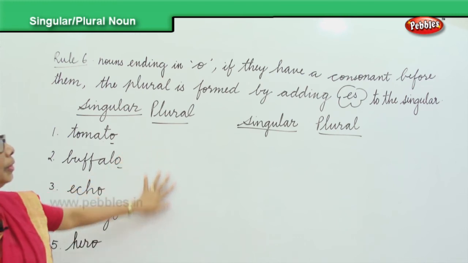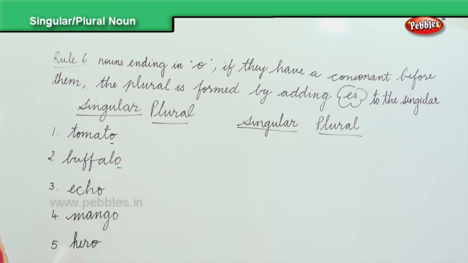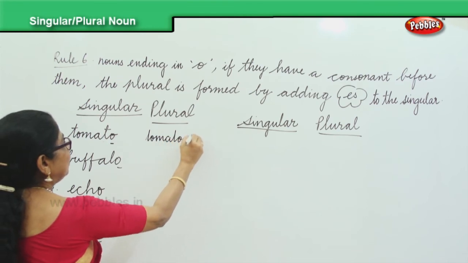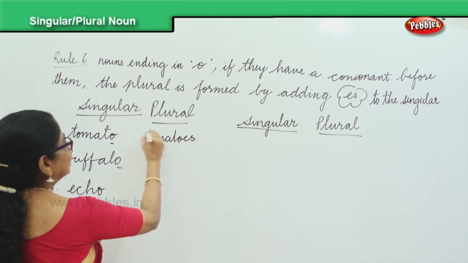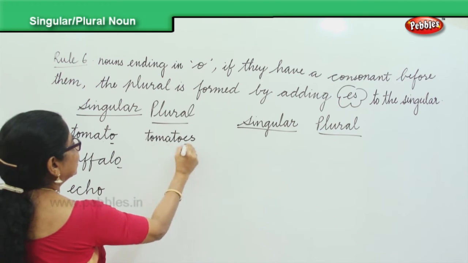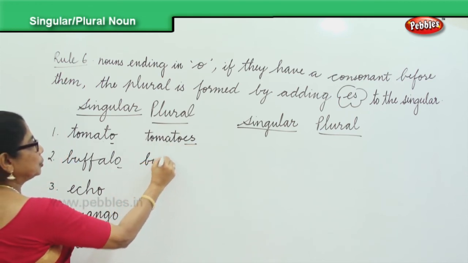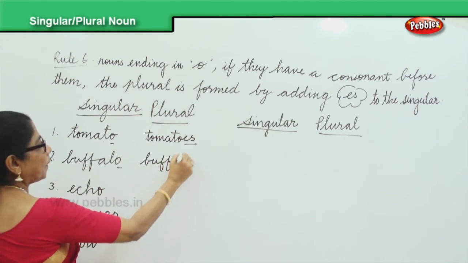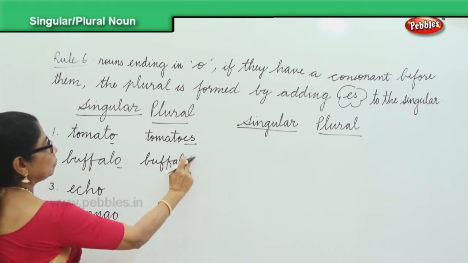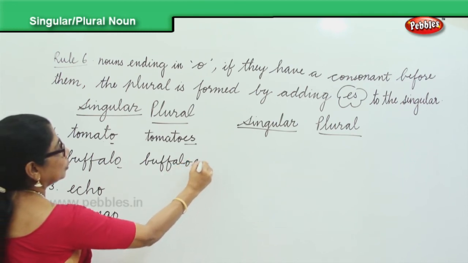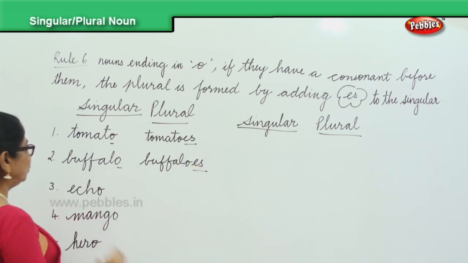Therefore, you form the plural by adding es to the singular. Now, tomatoes. You simply add es to form the plural. Buffalo, buffaloes. You add es to form the plural.